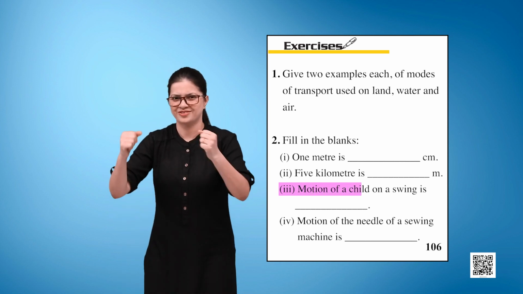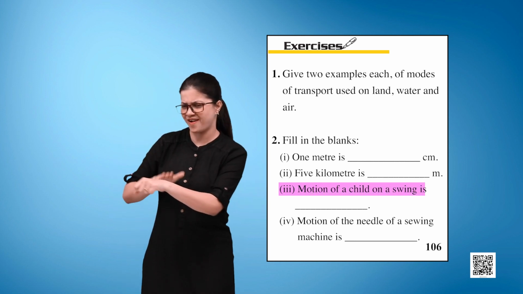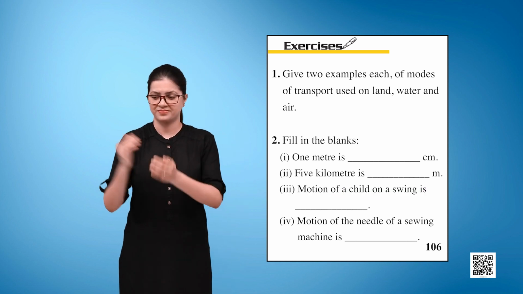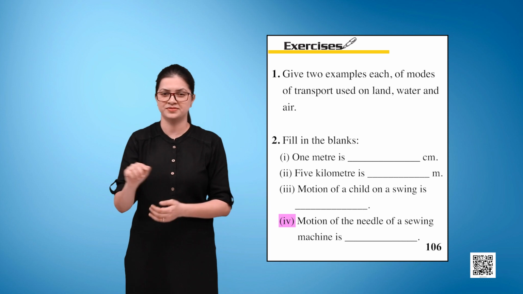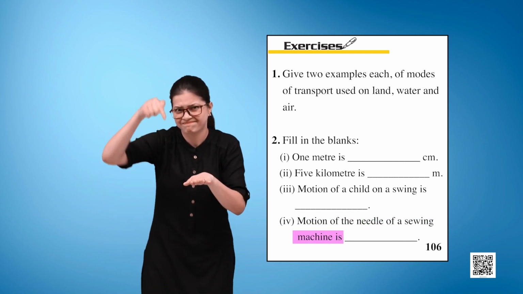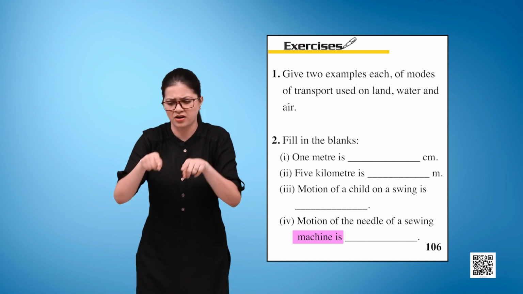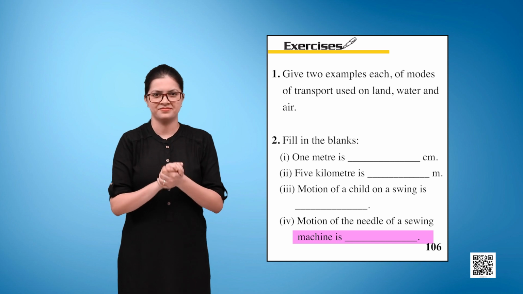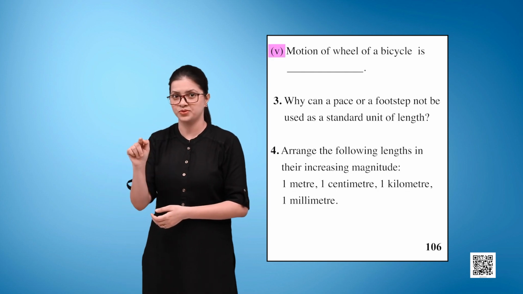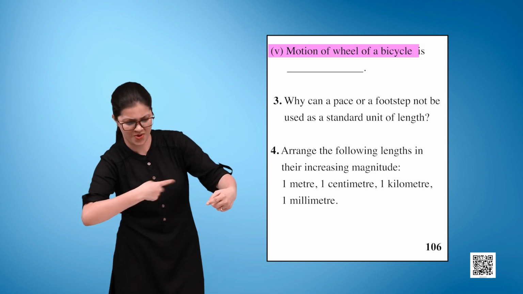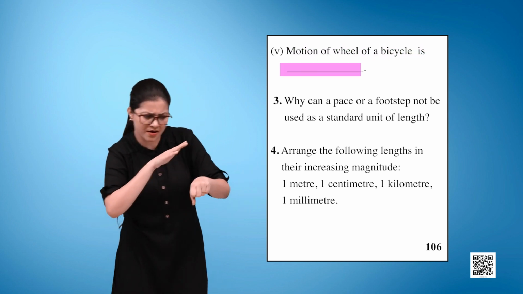Motion of a child on a swing is blank. 4. Motion of the needle of a sewing machine is blank. 5. Motion of wheel of a bicycle is blank.